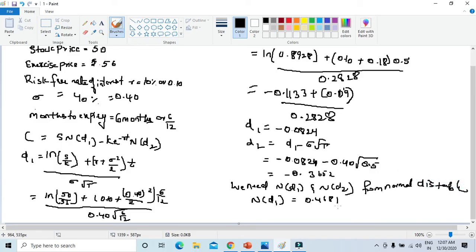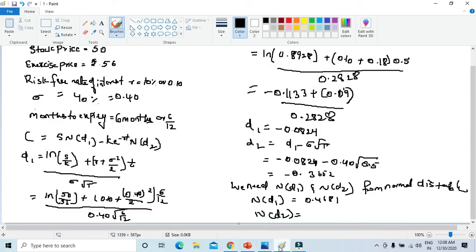Right? So now we got 0.4681. Now ND2 will be nothing but minus 0.3652.